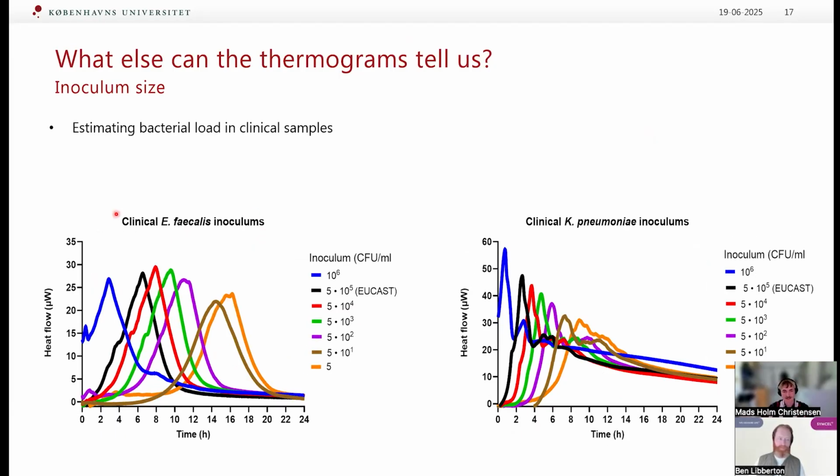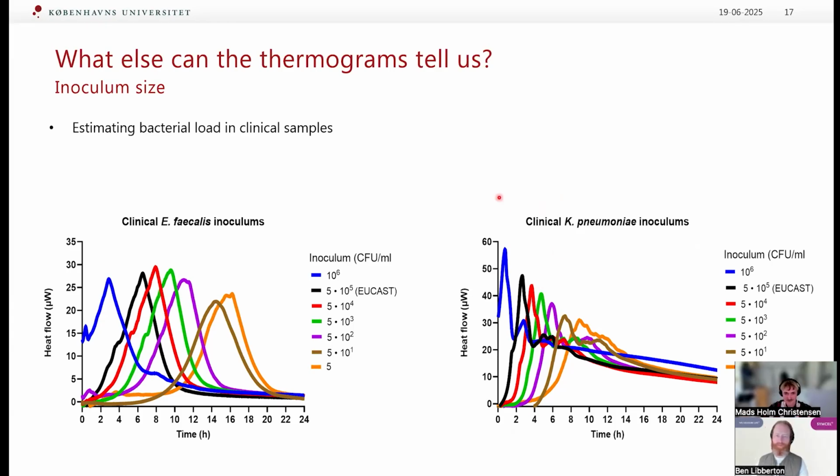And this is another example of the same with an Enterococcus faecalis and a Klebsiella pneumonia. And you can see, especially for the Klebsiella, that the systematic delay you get between each dilution is almost identical. And every single dilution still retains that unique feature I talked about previously after the initial peak.